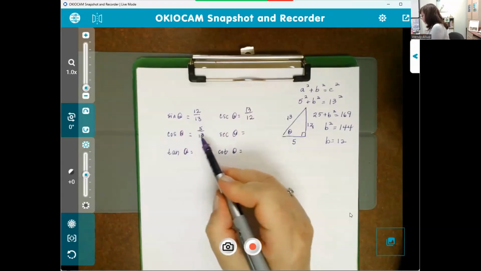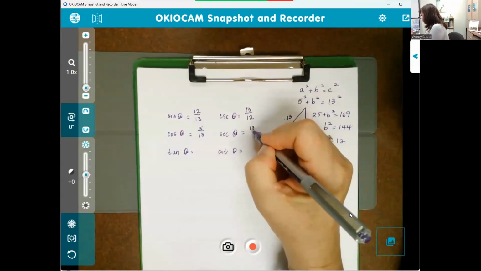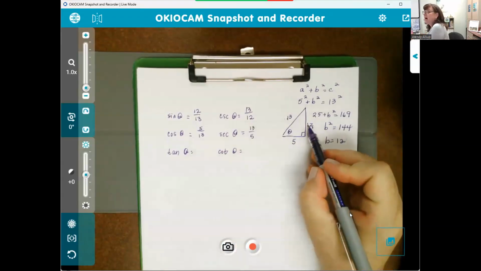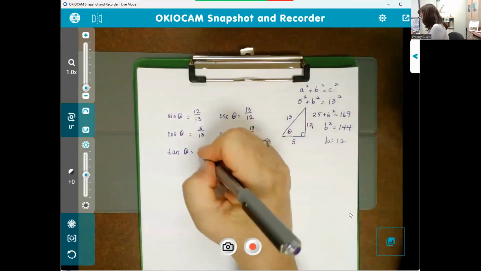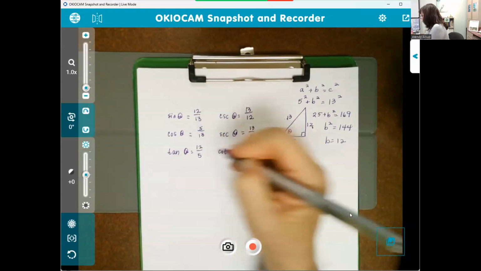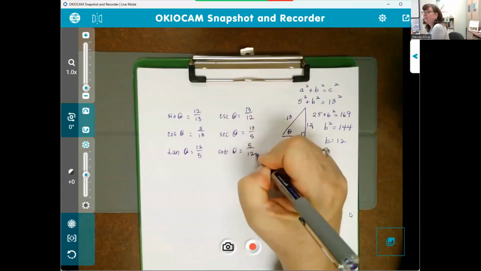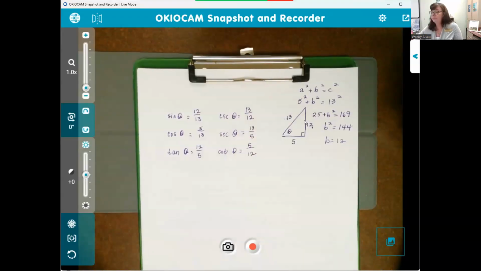Secant is the reciprocal of cosine, so it is 13 over 5. Tangent is the opposite over the adjacent, so 12 over 5. Cotangent then is its reciprocal, 5 over 12. All right.